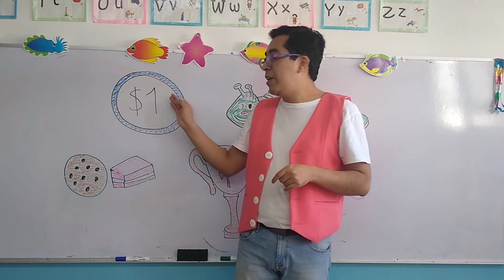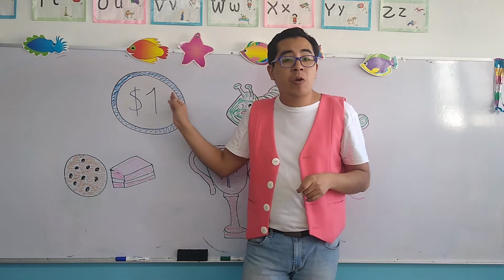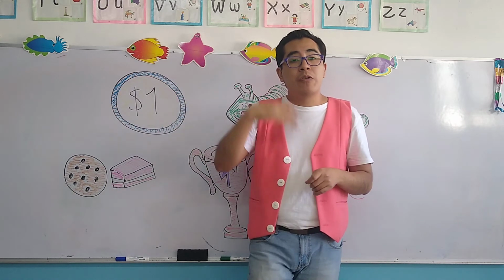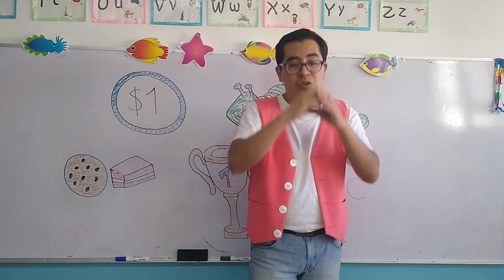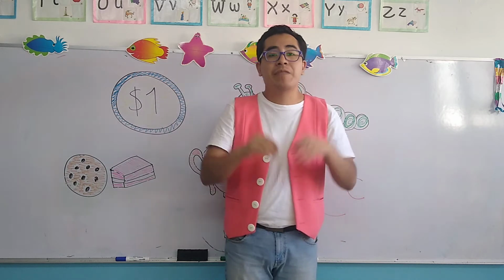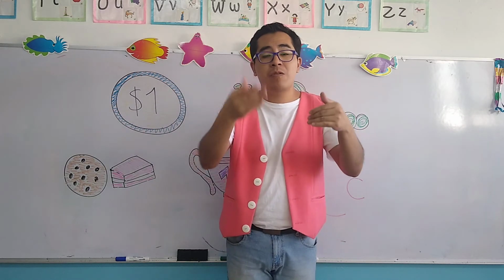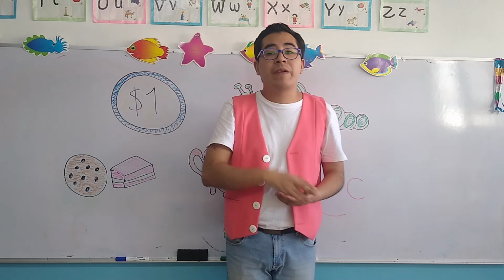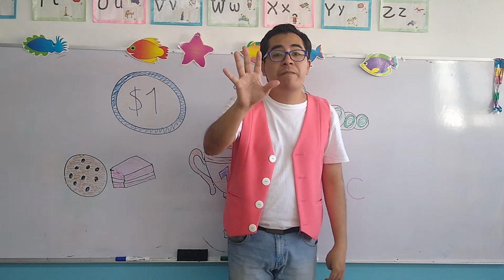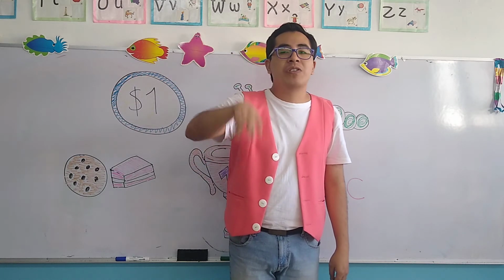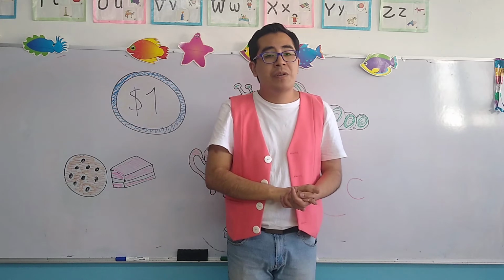For example, the one that I have here is equal to 1 peso. Some other coins that are bigger, que son más grandes, have a value of 10 pesos, tienen un valor de 10. Some of them have a 5 pesos value, others have a 2 pesos value, okay?